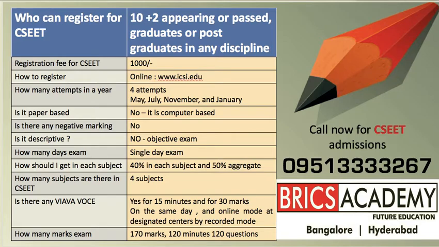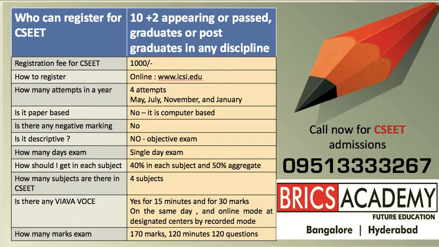The registration fee for this is 1000 rupees. If you want to register online, you can go to www.icsi.edu. You will be directed towards registration. Everything is online. Once you get registered, you have to upload your relevant certificates online itself.